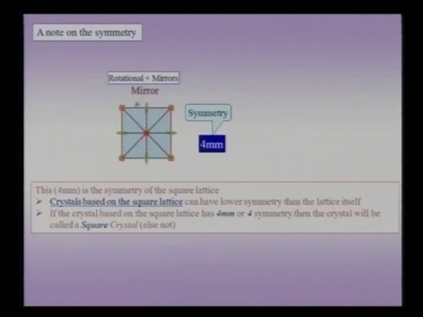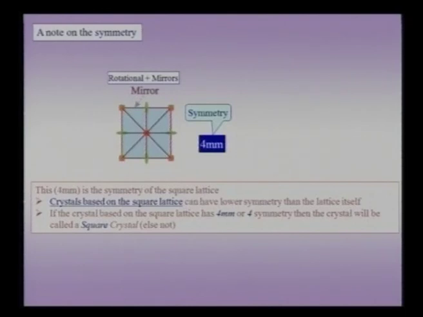The symmetry of the lattice that we considered before is nothing but the 4 mm symmetry. A square lattice will always have this 4 mm symmetry, irrespective of what motif I use to decorate the lattice.